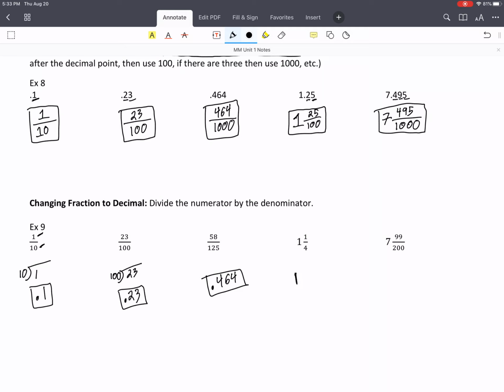It's a whole number, and then 1 divided by 4 gives us a fourth, so 0.25. Same thing here, we keep that 7 out front, use our handy dandy calculator. 99 divided by 200 comes to 0.495. So those are the answers.